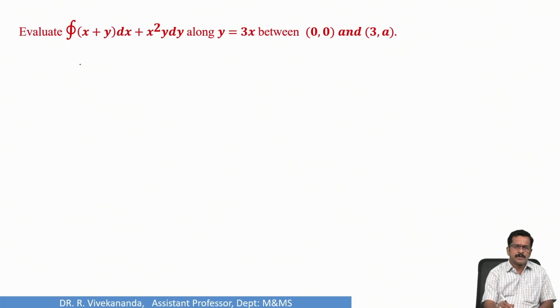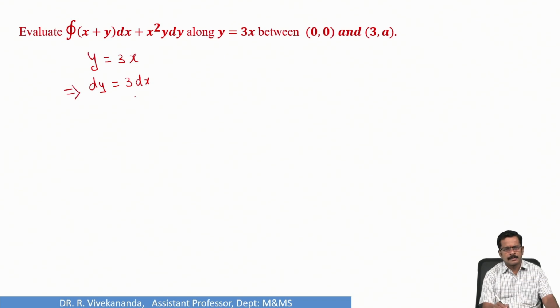See here, along the line y is equal to 3x, in the place of y you substitute 3x, and in the place of dy you substitute 3 dx. On differentiation, y is equal to 3x means dy is equal to 3 dx.